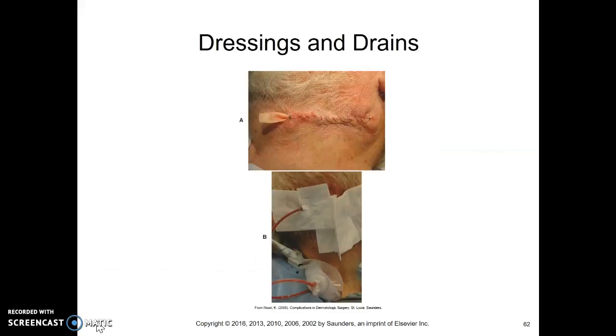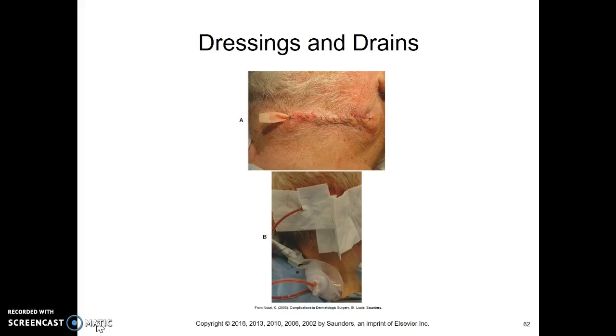These are just a couple of other types of dressings and drains you might see. The one on the top has a long piece of gauze in there, and you gradually pull a little bit out each day and cut it off, and that promotes the wound to heal at the bottom, and as you keep pulling, it begins to tunnel and close. The one on the bottom is a Jackson Pratt drain, which is a closed bulb suction type drain that you empty every 4 hours and measure the amounts that come out.